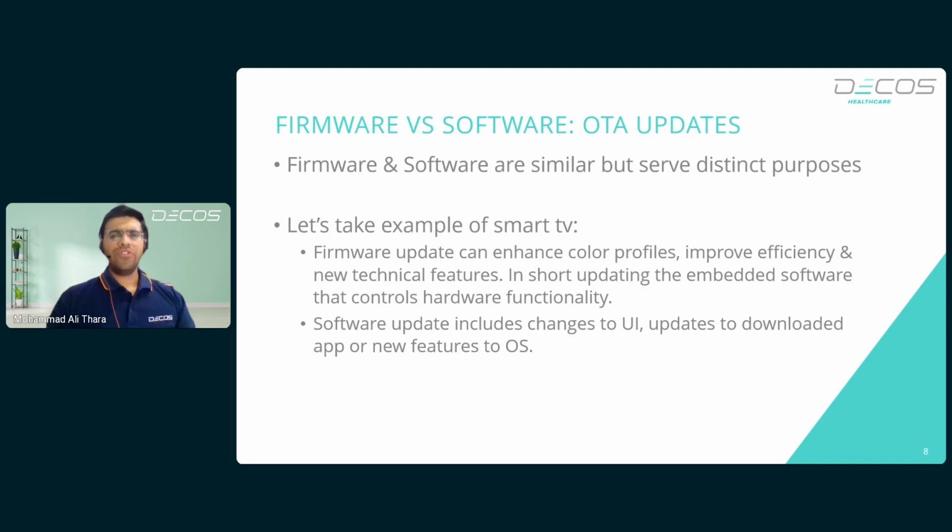FOTA technology ensures that these firmware updates are efficiently delivered, keeping devices secure and up to date. A FOTA update can also provide critical bug fixes to the operating system of a device or introduce brand new features, significantly improving the performance and extending the device life cycle, which we always like to have with us.